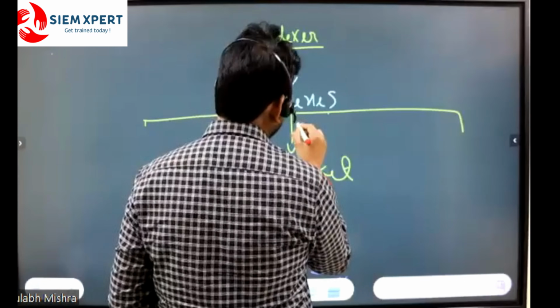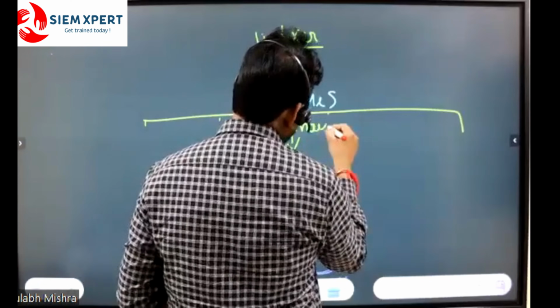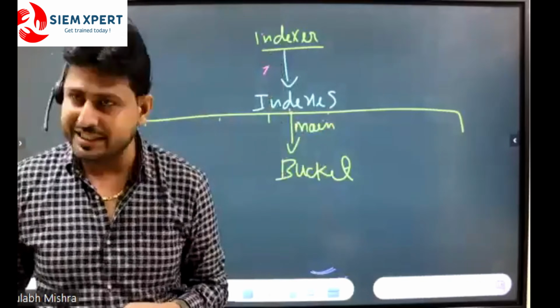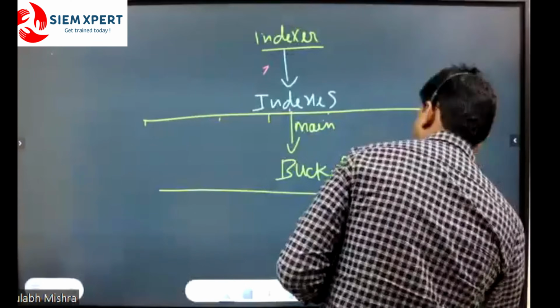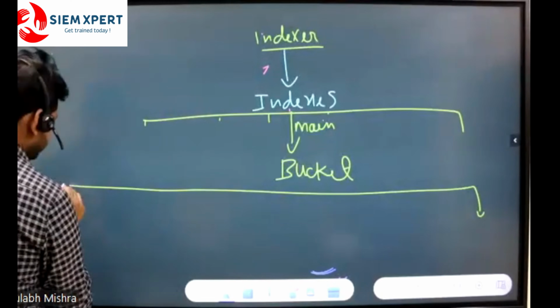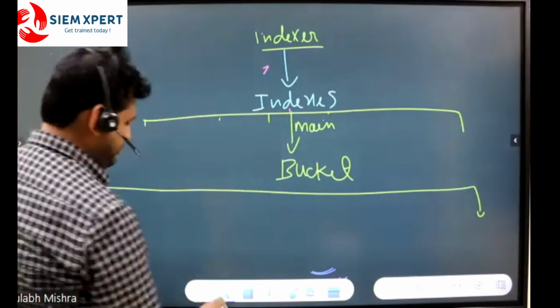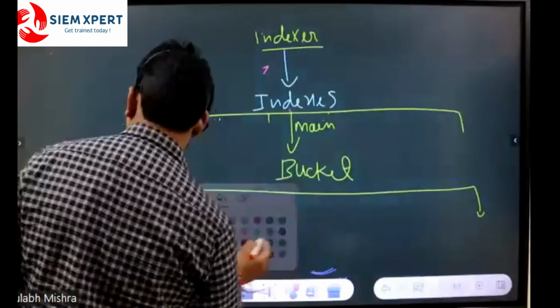For example, this is the main index. So every index will have buckets, and in total, how many buckets? 5.